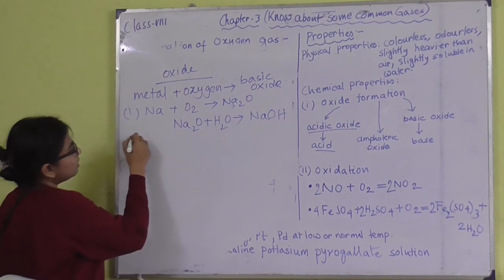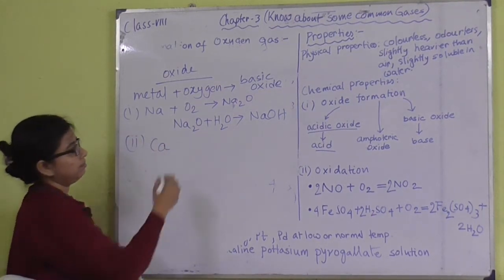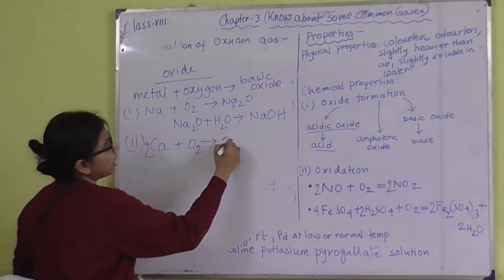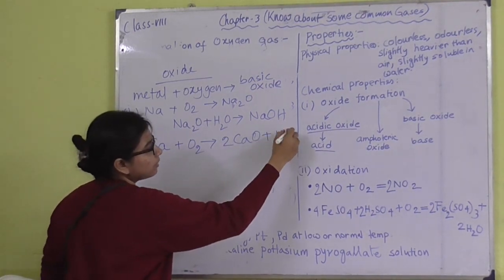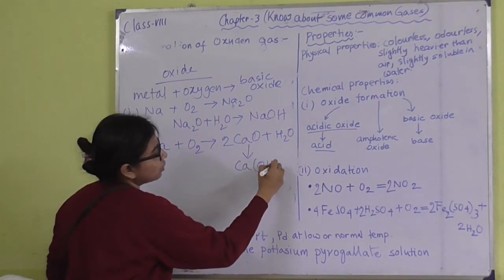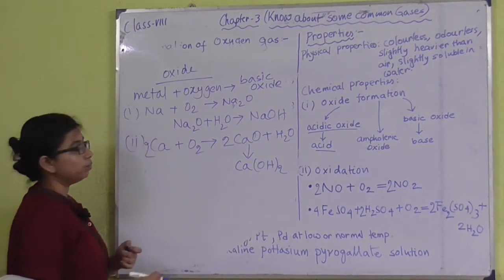Another example we can consider here: suppose we take calcium, calcium will react with oxygen to give you calcium oxide, and this calcium oxide further will react with water to give you calcium hydroxide, that is Ca(OH)2.